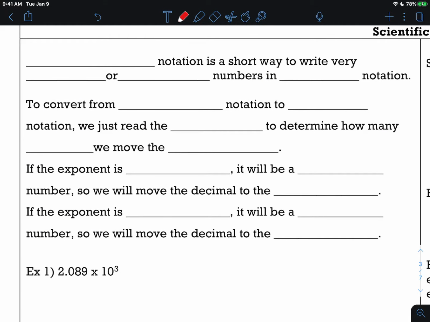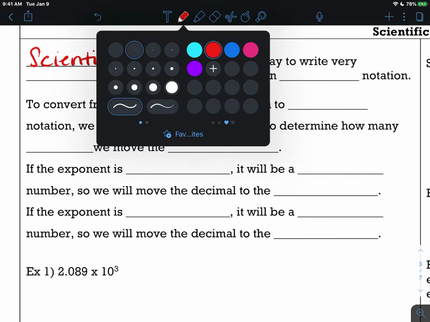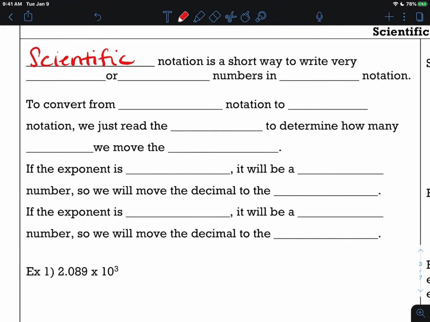So first thing, scientific notation is a short way to write very big or very small numbers.